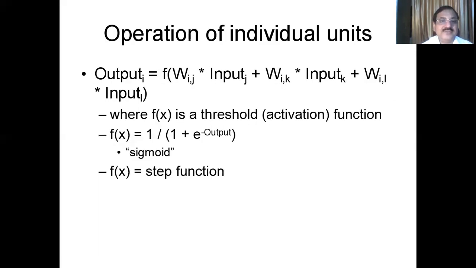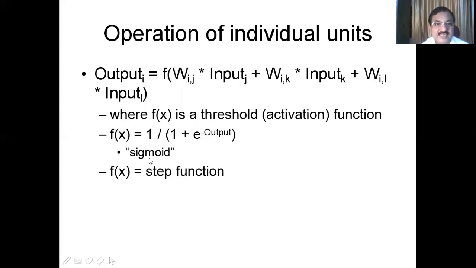And then we can develop this: the output is a function of the weights, W_ij meaning the weight from unit j to i, multiplied by the input value corresponding to it, then W_ik with the input corresponding to k, and so on. Here f(x) is a threshold activation function, and this f(x) is 1 upon 1 plus e to the power minus the output.